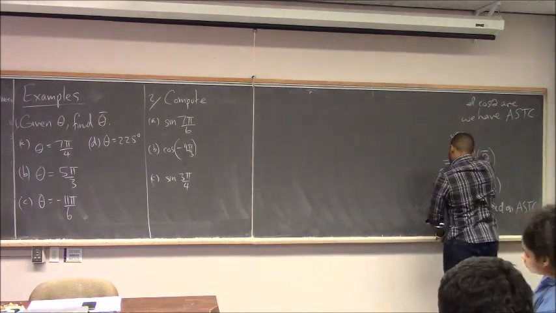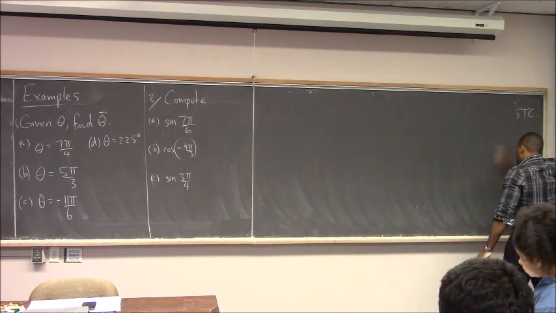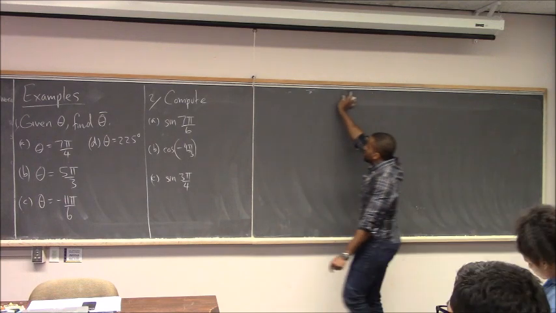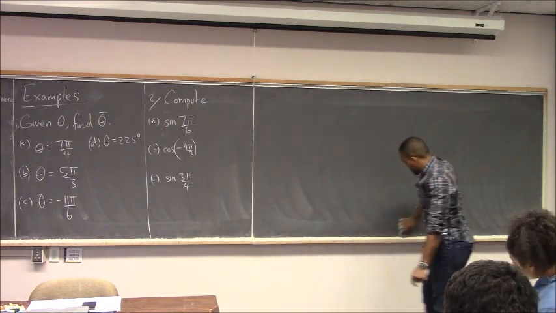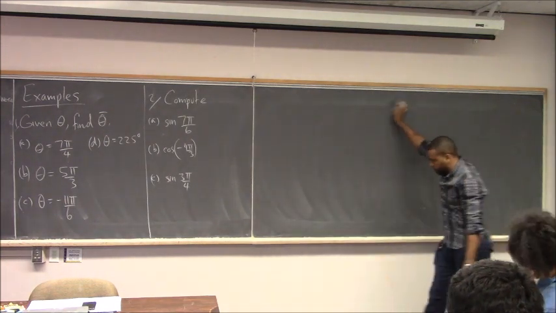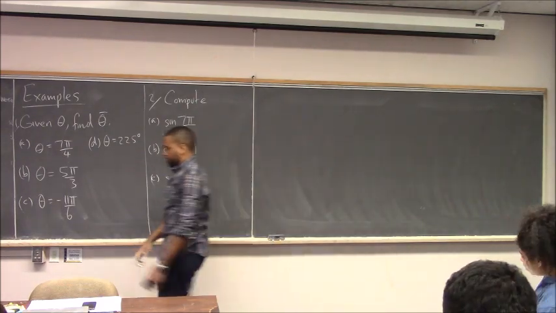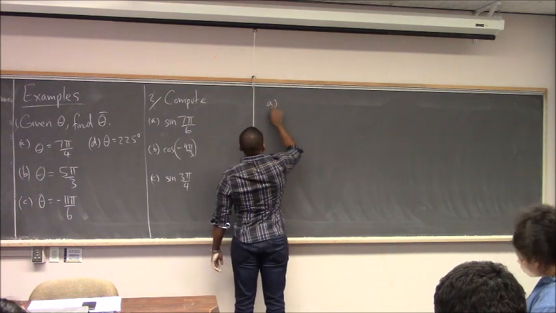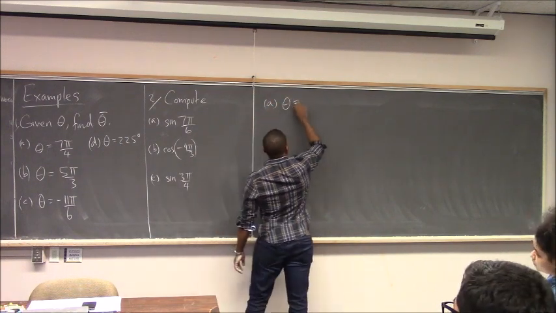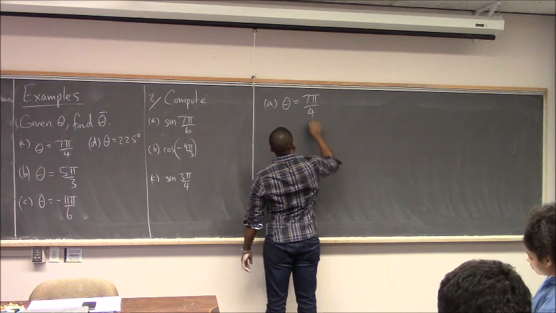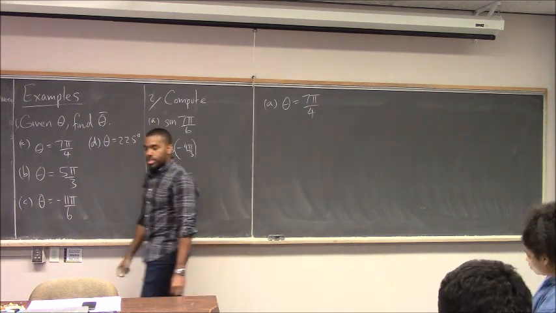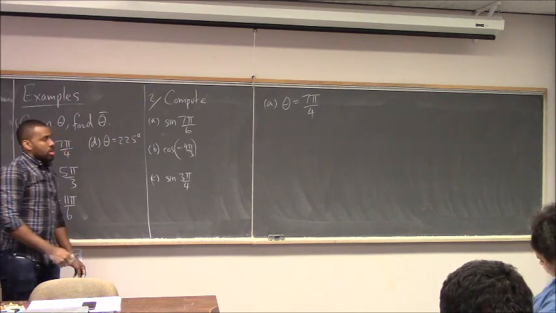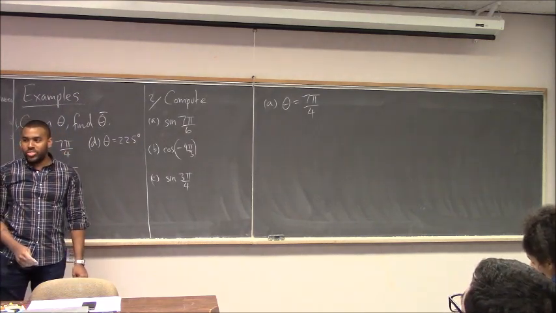And in the first three, in example 1, you'll see a nice little feature about the special angles when we're talking about the multiples of the special angles. What do you think the reference angle is for that? Pi over 4? How do you know? Did you actually do it?